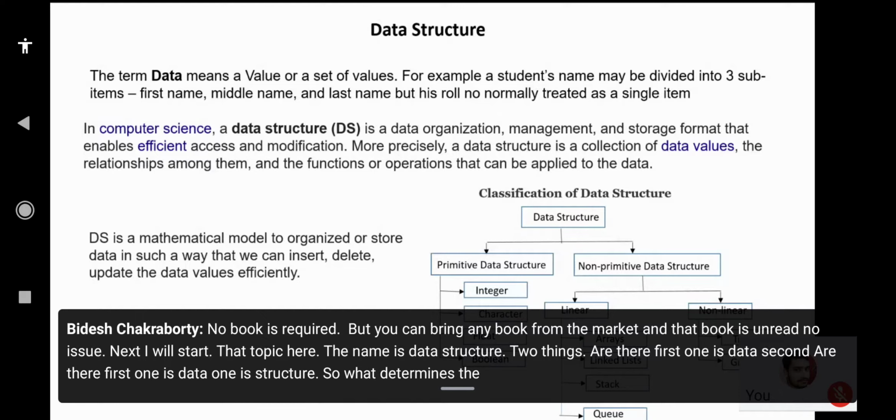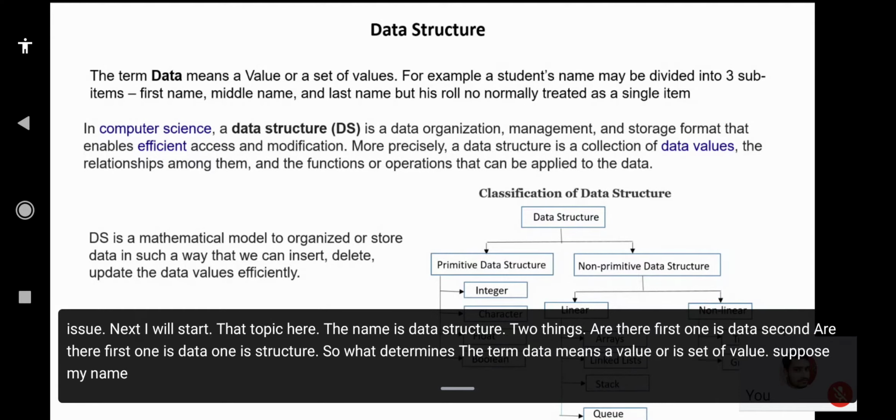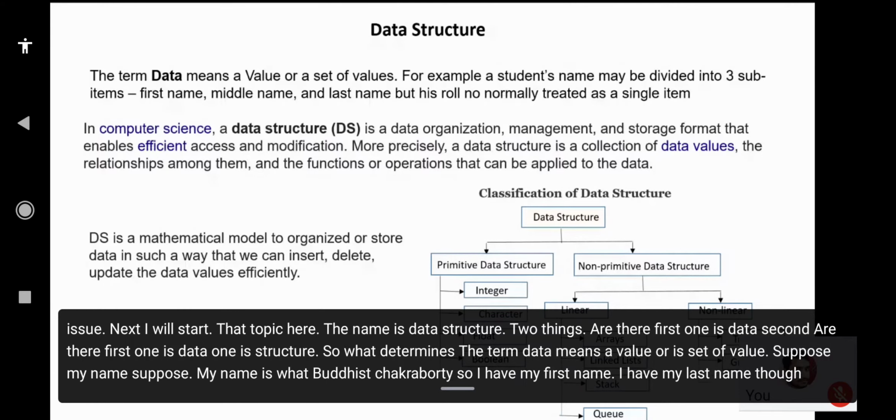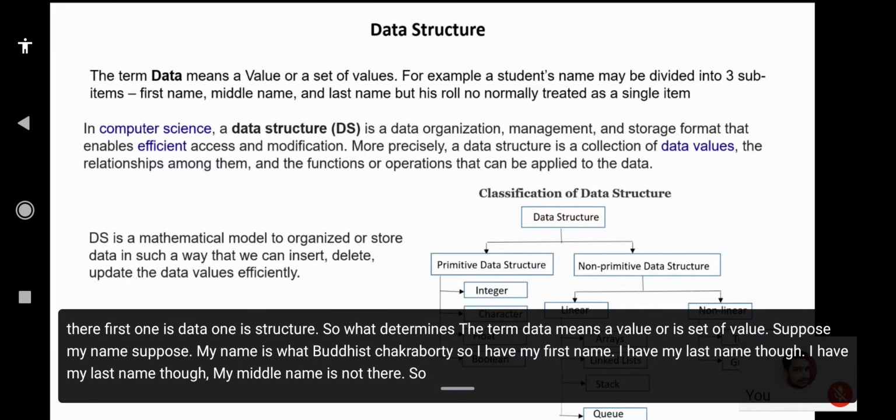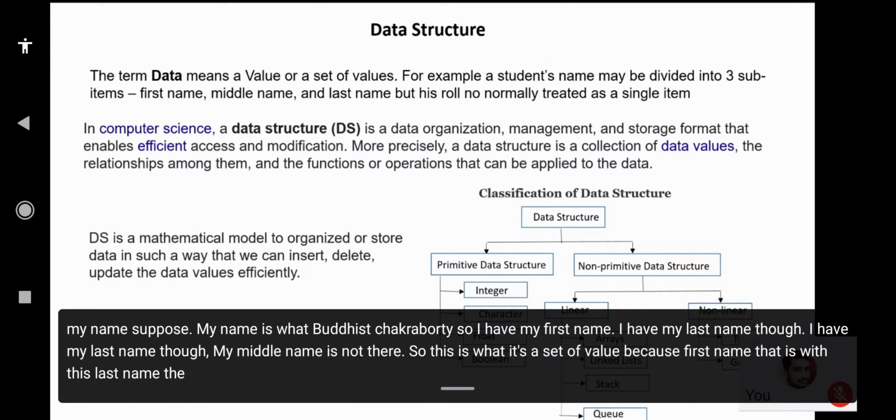Now, I am giving you one real life example. Suppose we have water, say water is data. Now, where can we store the water? For storing water, basically we use a bottle. Suppose we have rice. Now, where can we store that rice? We can store that rice in a thali.